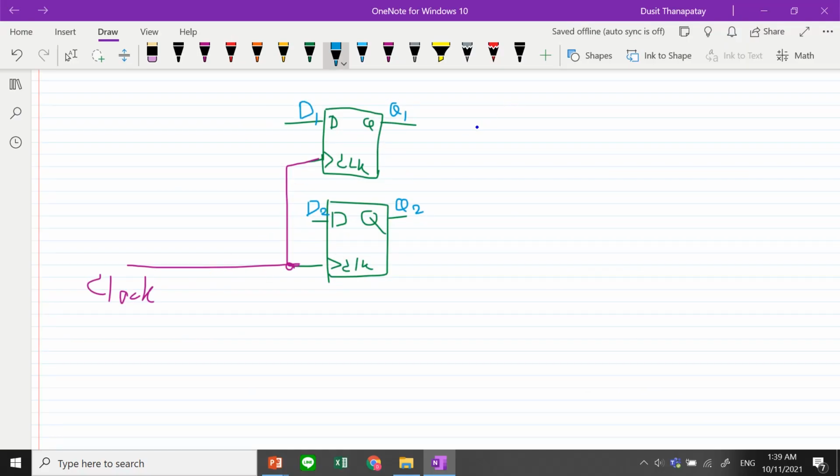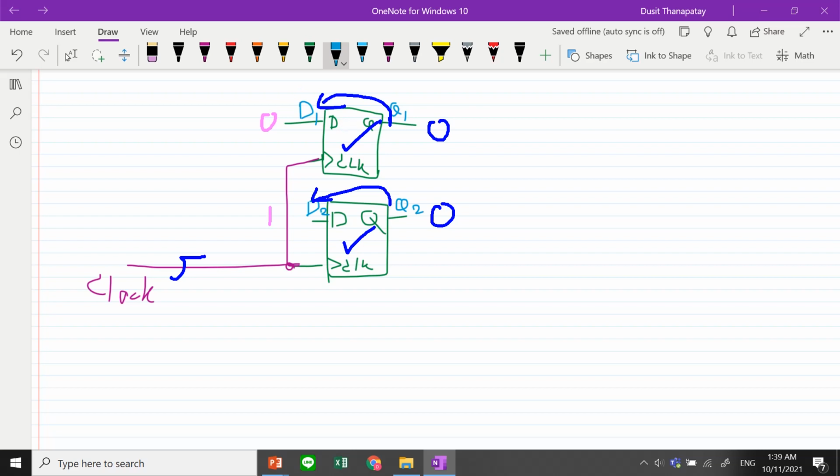So for example, if now the value of Q1, Q2 is 0, 0, and D1, D2 maybe 0, 1, for example. Then when clock ticks, what happened? When clock ticks, this flip-flop and this flip-flop will read the data from input D at the same time.